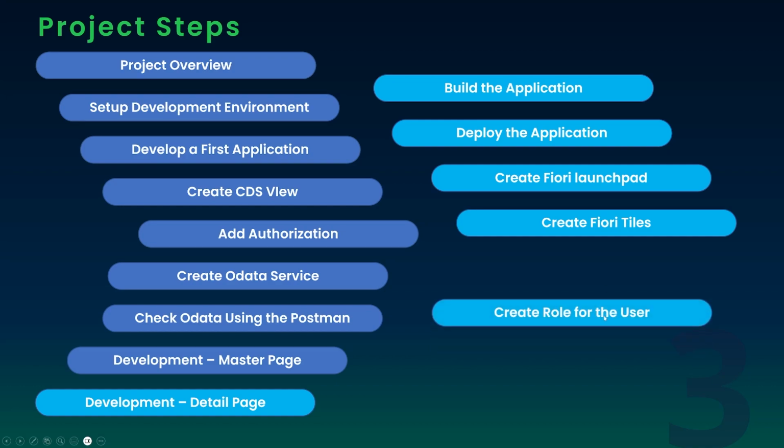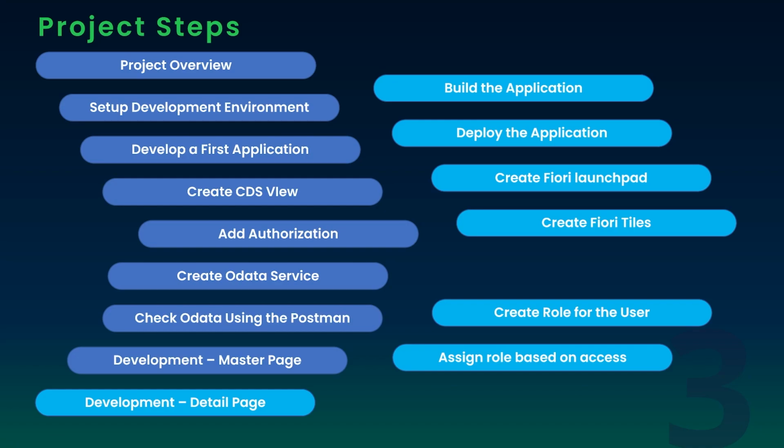After that we have to create a role for the users. It's a PFCG role. We have to create it in SAP using PFCG. Then we'll assign the role based on the access. For example, one user needs some specific category of data. Another user may need to see another category of data based on their access.